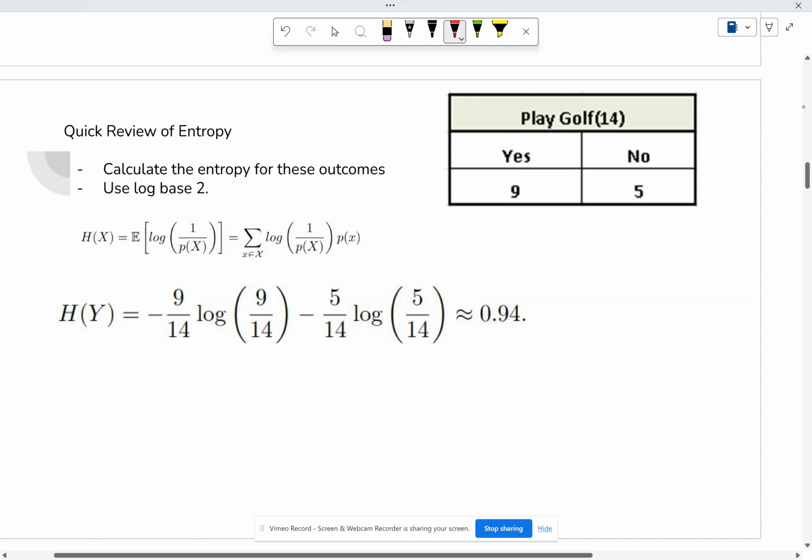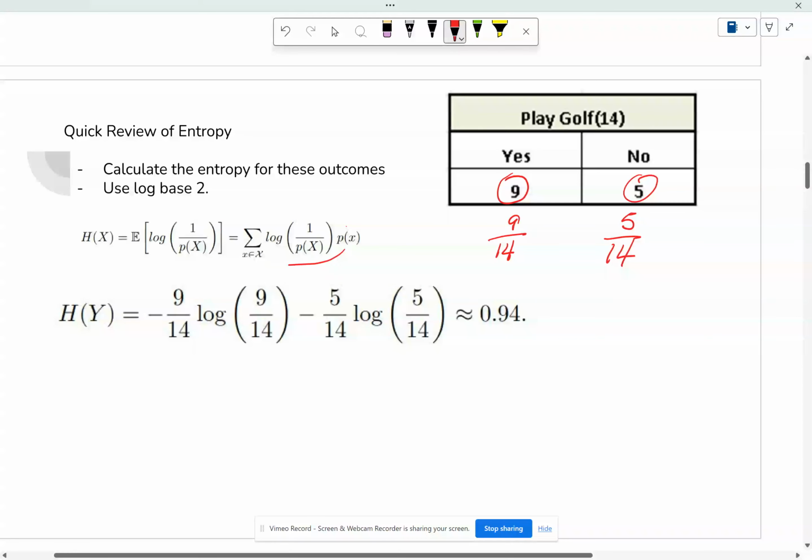So what is p of x? There are two possibilities. One is 9 over 14, and the other is 5 over 14. These are the probabilities. For the first one, we have 9 over 14, 9 over 14.